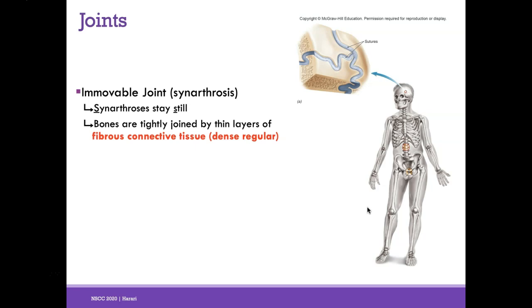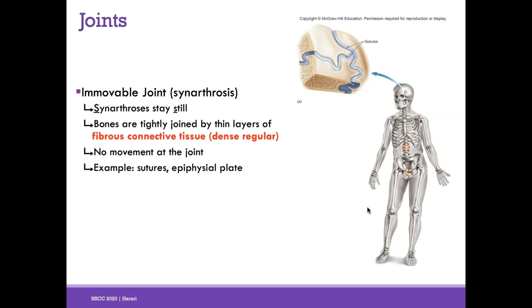Dense regular connective tissue, specifically. These are joints, technically, but it's made out of connective tissue. And they don't move. So this is an example of a joint that stays still. It's a synarthrosis. There's no movement at all. They just connect two bones. So therefore, it's technically a joint. So think about these when you think about the sutures of the cranial bones.